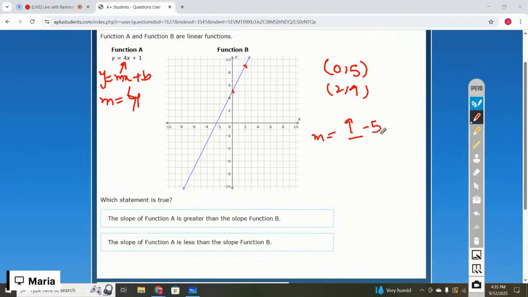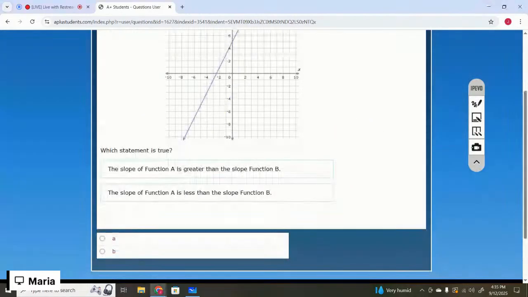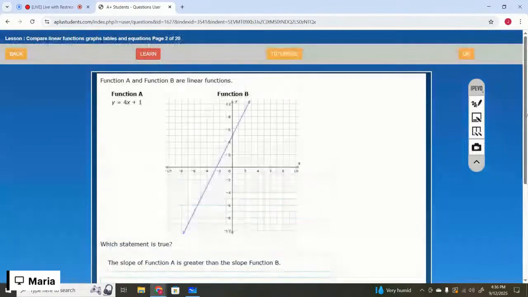The slope is 9 minus 5 divided by 2 minus 0, 4 over 2. The slope is 2, m equals 2. So the slope of function A is greater than the slope of function B. Option A is the correct option.